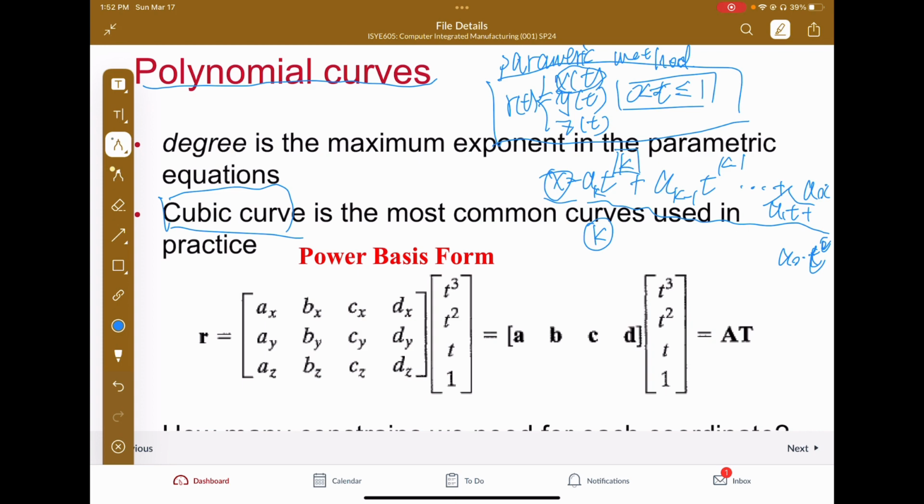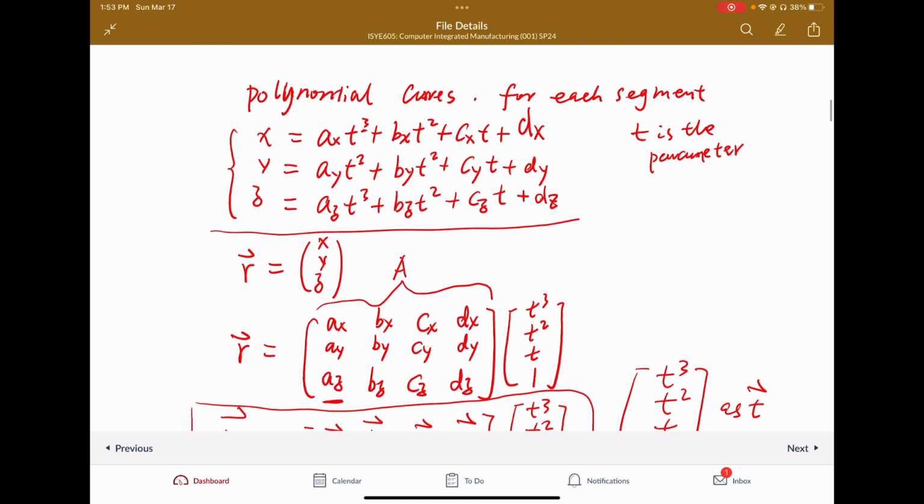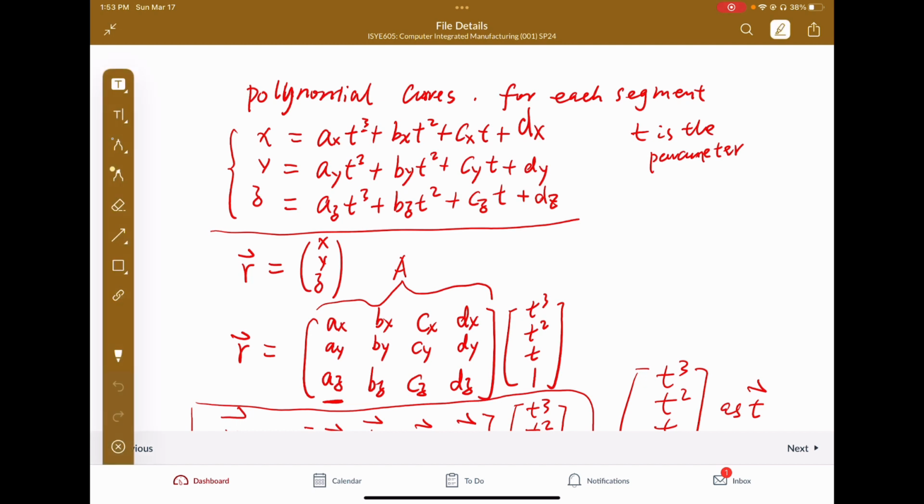Cubic means the highest order is 3. So this is the cubic description: a cubic curve for x, for y, and for z. This is the expression.